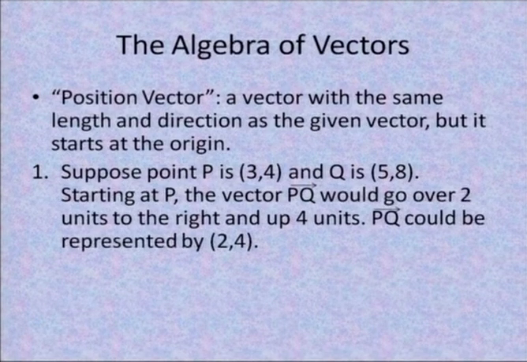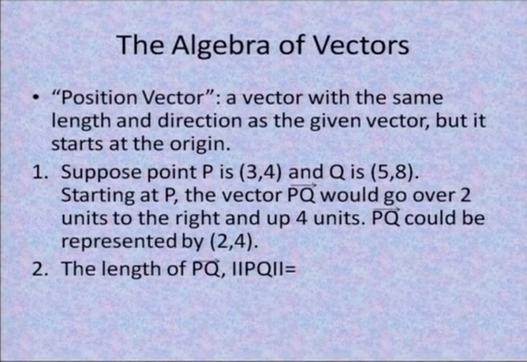All right, so if we took another vector at the origin and went right 2 and up 4, that would be a position vector that represented the same thing. Now, what about the length of it? Well, the length isn't too hard to find.